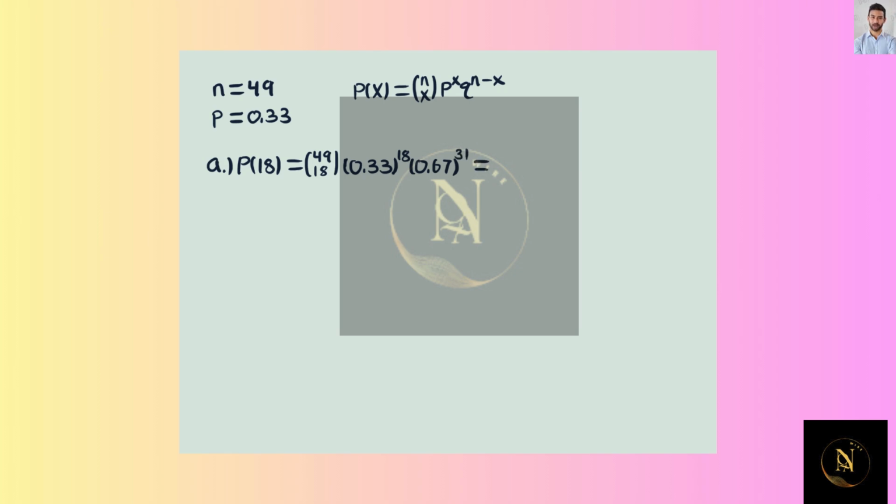So we compute this and round to 4 decimal places, giving us a value of 0.1010.